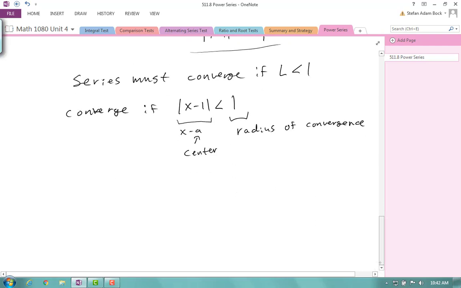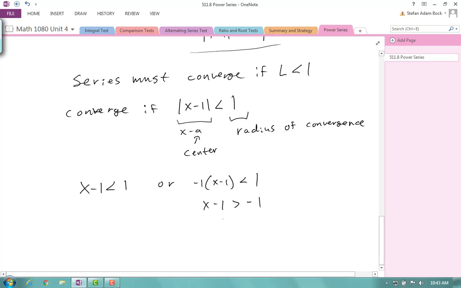But what it can provide to us is a little prototype for an interval. So if the absolute value of x minus 1 is less than 1, that means either x minus 1 is less than 1, or negative 1 times x minus 1 is less than 1, meaning x minus 1 is greater than negative 1.